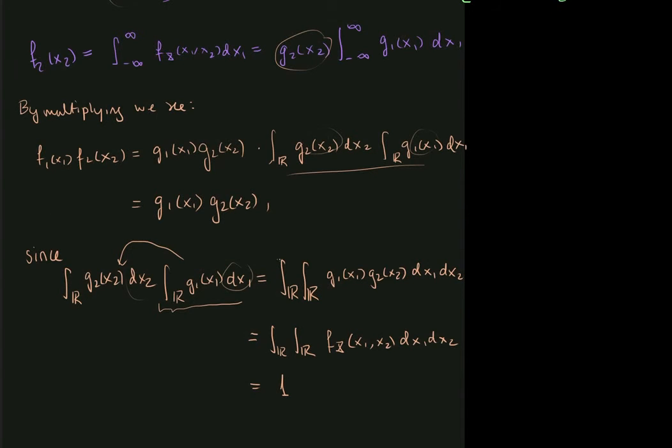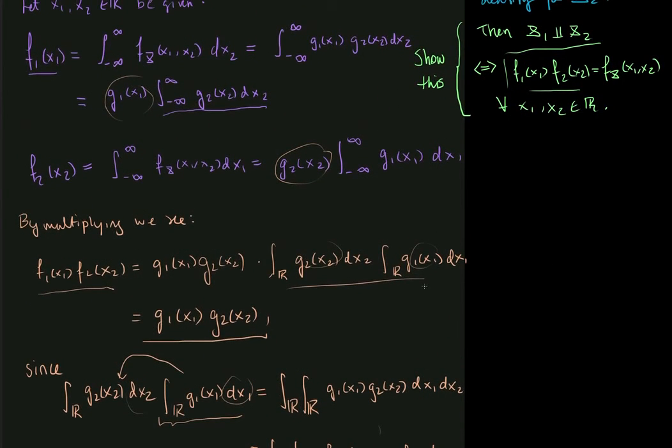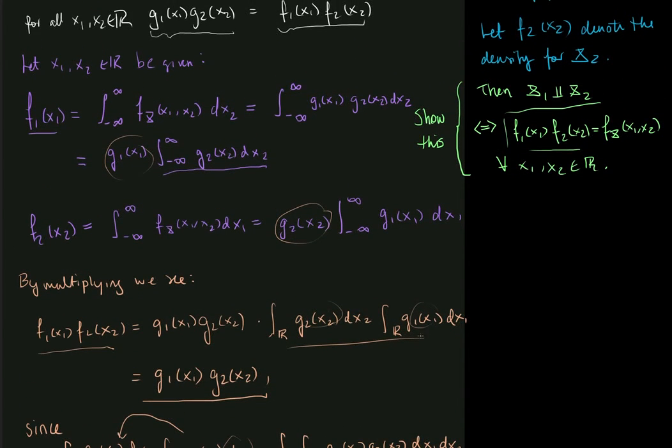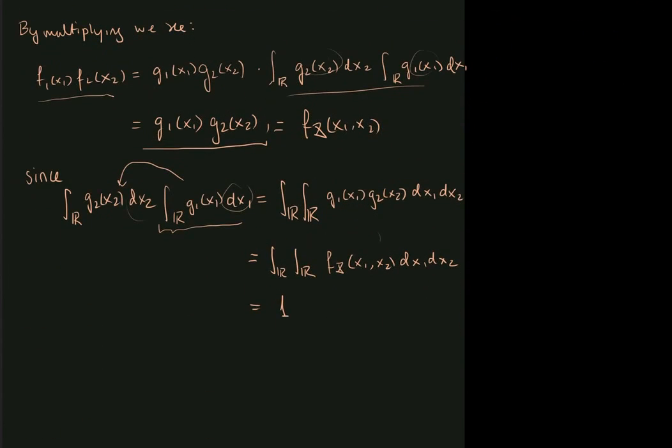So hence, this product of integrals is equal to 1, which means the end result is that the marginal densities multiplied together are equal to g1 and g2 multiplied together, which is in turn equal to the simultaneous density. So in conclusion, x1 and x2 are independent.